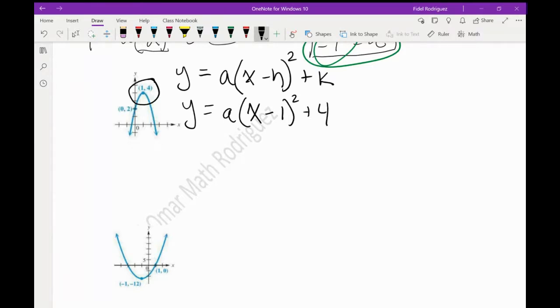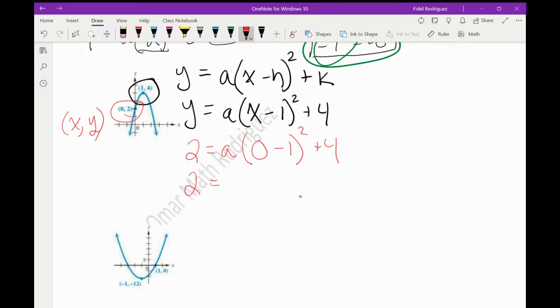Okay, so now that we got that part, we're going to use this point right here. That's my x and my y, to find the value of A. So the y number happens to be 2. My x number is still 0. Okay, and I'm going to go ahead and start solving.